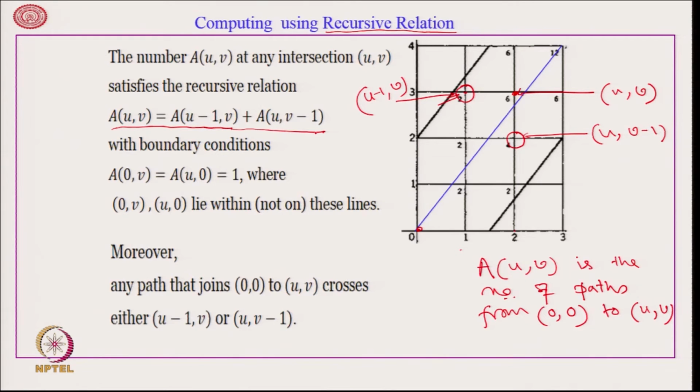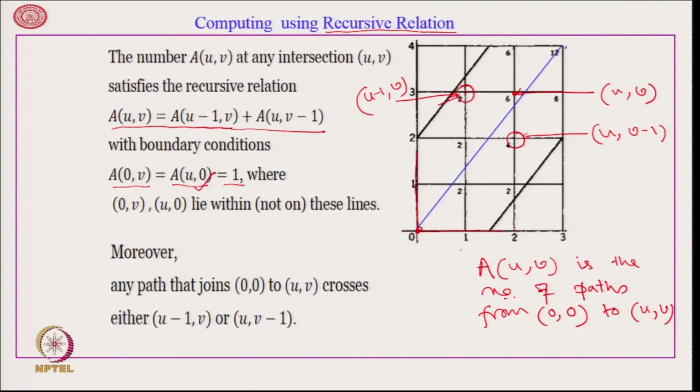And what are the boundary conditions? The boundary conditions are A_0v is equal to A_u0 is equal to 1. A_0v means the x value is 0 and the y value is v. So long as we go along the line, each one of them we can access from (0, 0), but there is only one path, that is this line. And similarly, when we move along the x axis, there is only one path, therefore A_u0 is also 1.